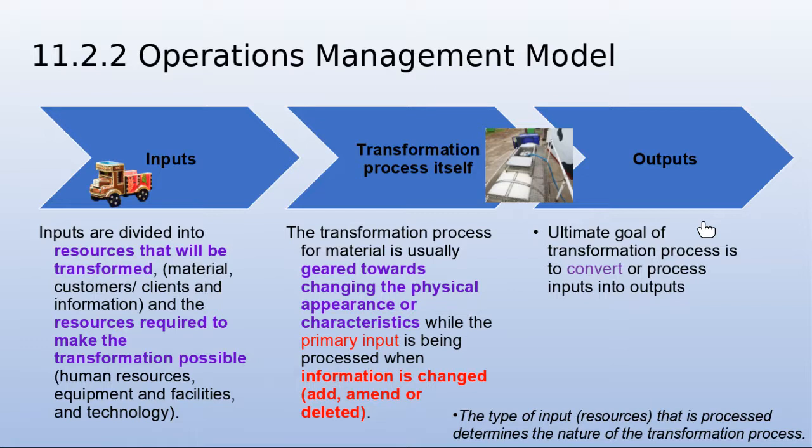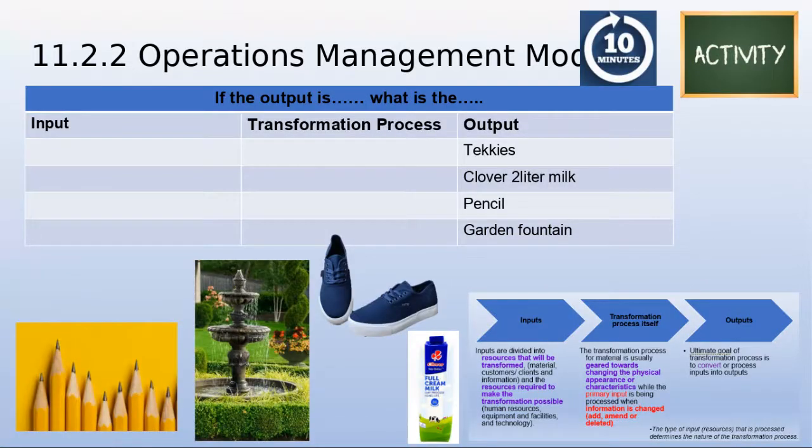So guys, what I want you to do for me, I have a little activity. I have some outputs for you, which is Takkies, we've done milk, a pencil, and then a garden fountain. So what I want you to do is make a list of the inputs that we would need for Takkies, what would happen inside of the transformation process so that the final product can be Takkies or a pencil or a garden fountain, for instance.